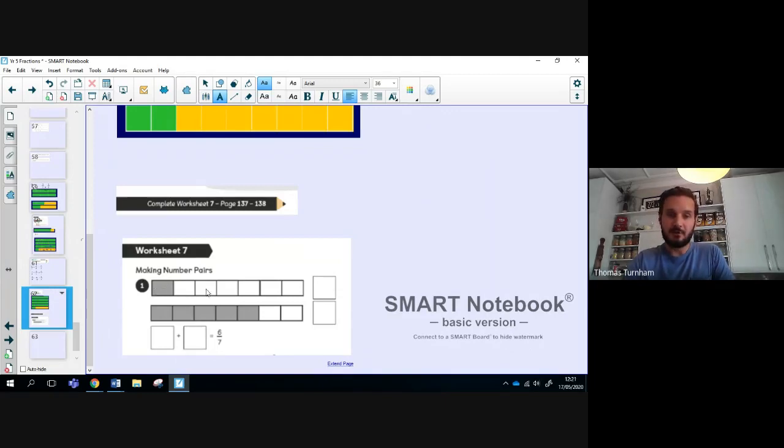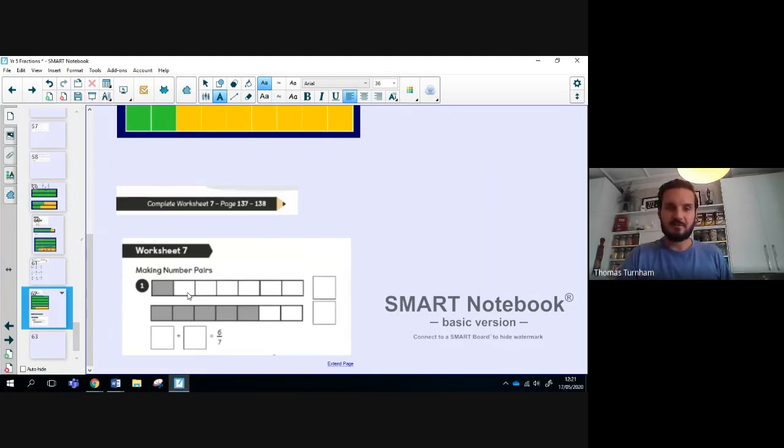So here I've got shapes split into 1, 2, 3, 4, 5, 6, 7. So I know that's 1/7. I've got 1, 2, 3, 4, 5, 6, 7. So I know this is 5/7. 1/7 plus 5/7 makes 6/7. That's what the worksheet's asking you to do.